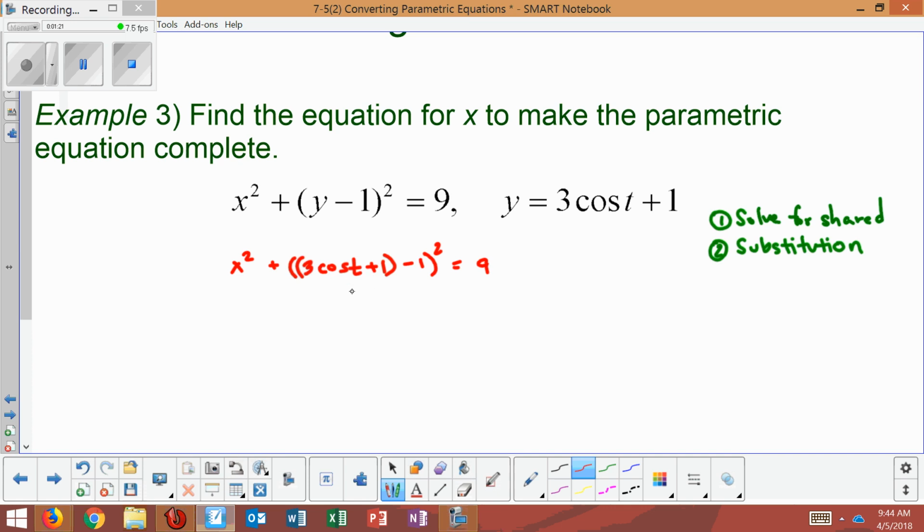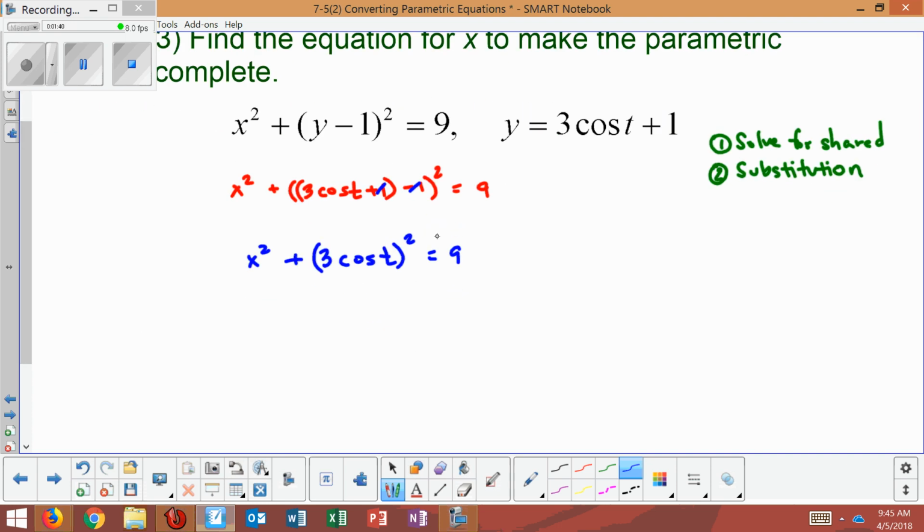Now, within this parentheses that I added, you can see that nothing happened, so I could take that away. And so really what I have is 3 cosine t plus 1 minus 1. The plus 1 and minus 1 will go away. So I have x squared plus 3 cosine t, and now this needs to all be squared, equals 9. Now we need to get x by itself, so let's just make this easier. 3 cosine t squared is the same thing as 9 cosine squared t, equals 9.